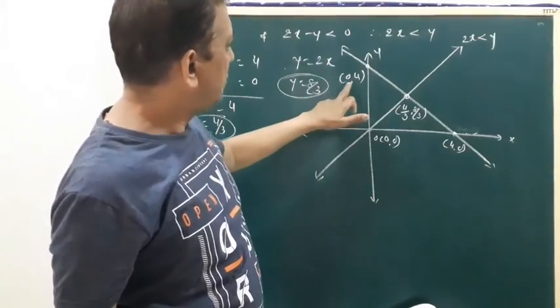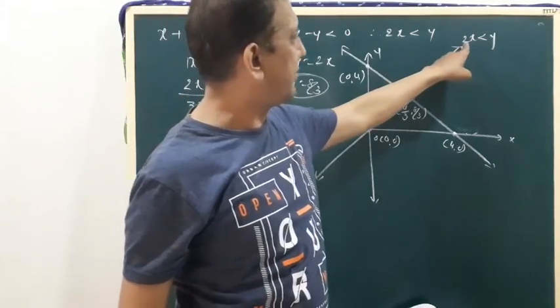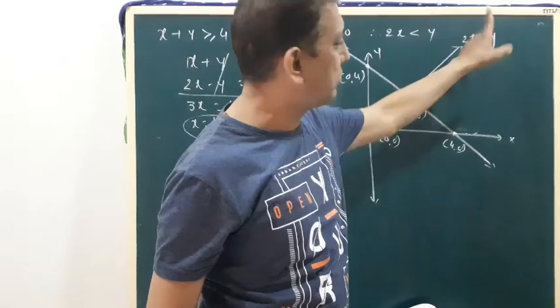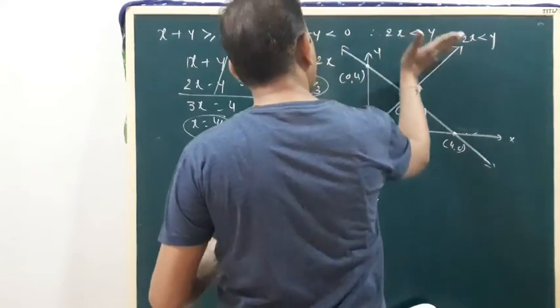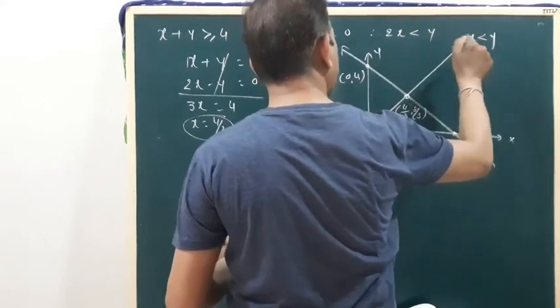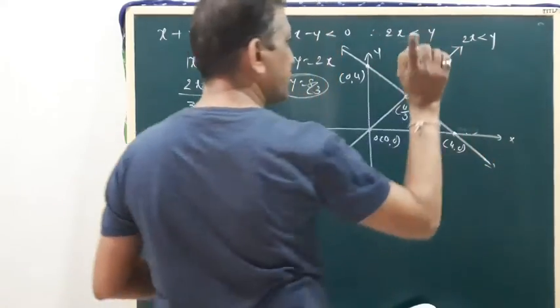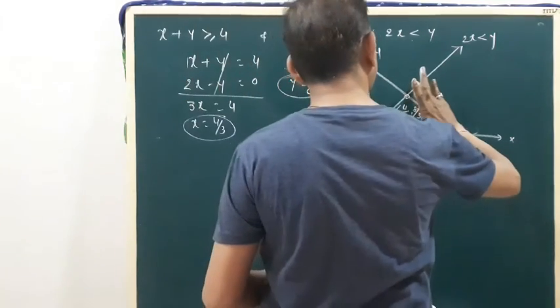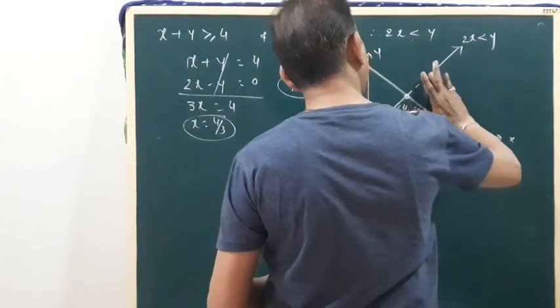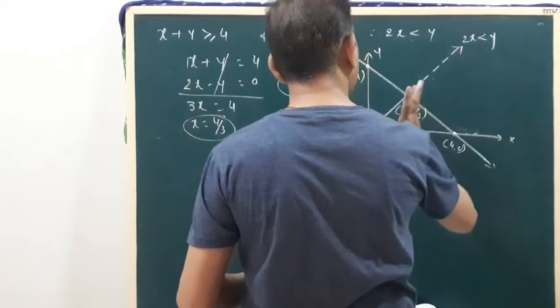Upper part. You can check this one, (0, 4): put x equal to 0, y equal to 4. 0 is smaller than 4. Okay, so this portion is the common portion, but here the equal to sign is not given, so we draw the graph dotted. Okay.